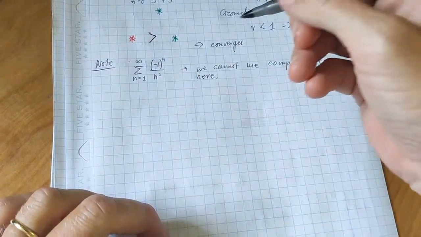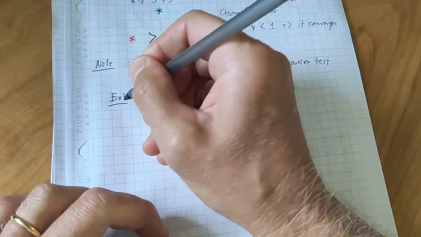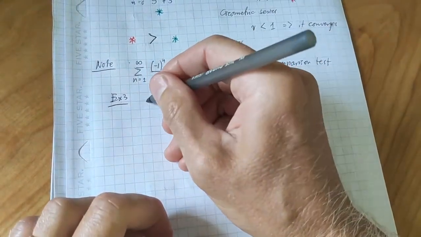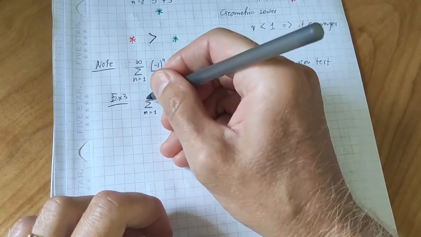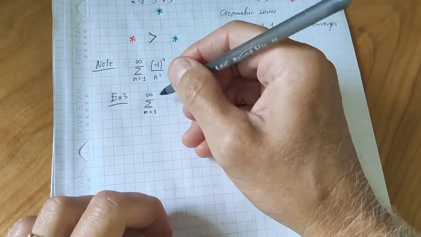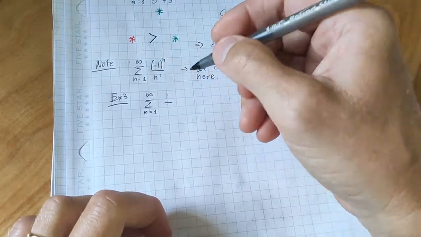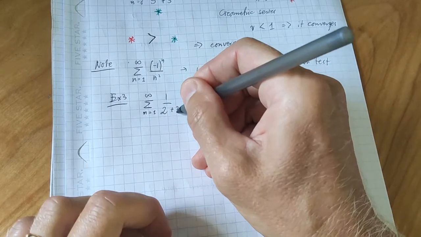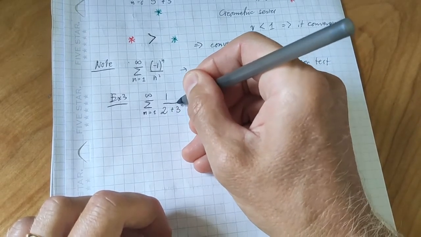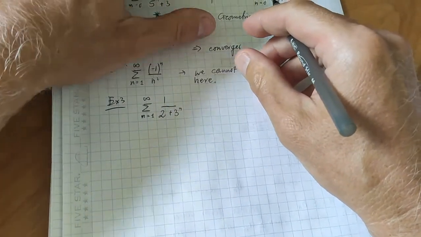Alright, so let's maybe speed up this whole process. So example 3, since you guys know what's going on. Okay, so I have something like that. So 1 over 2 plus 3 to the n. So the question is converges or diverges.